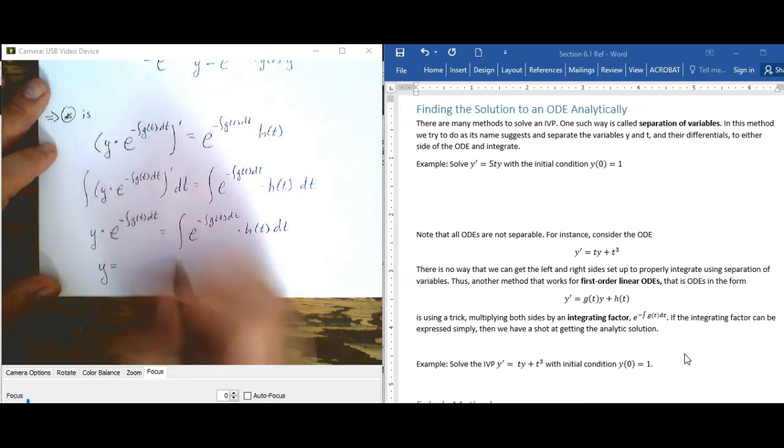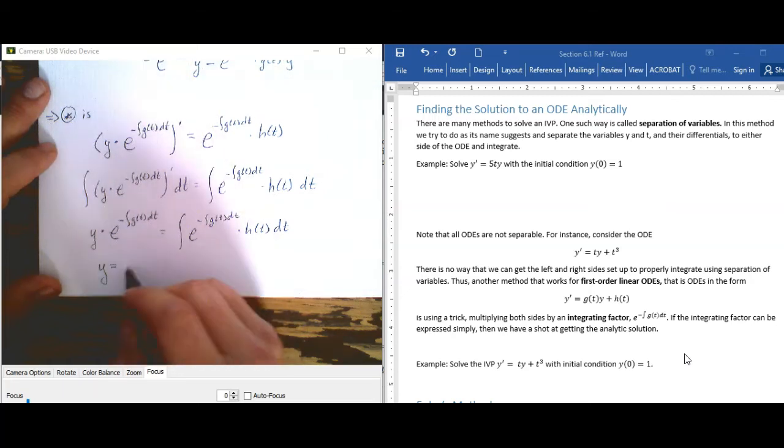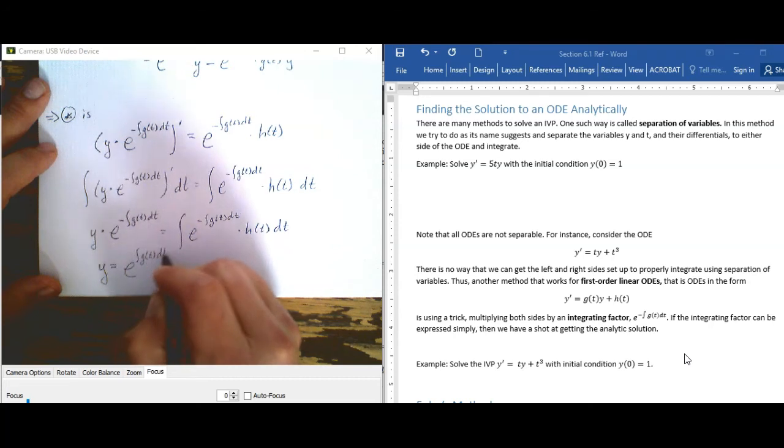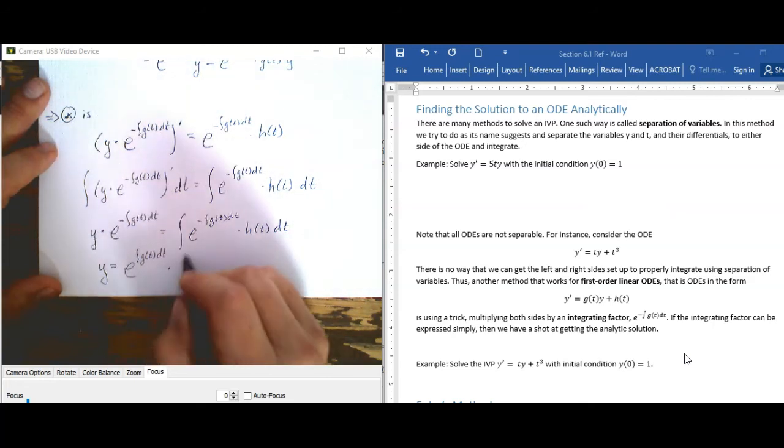So y is equal to, dividing by e to the negative integral of g of t is the same thing as e to the positive integral of g of t dt. Again, we would have 1 over this negative power. We can just write it as a positive power times this integral.